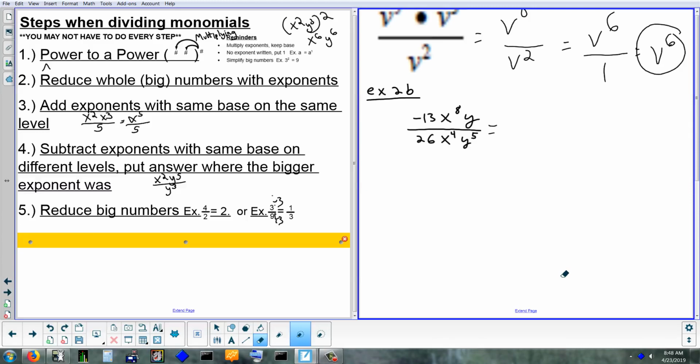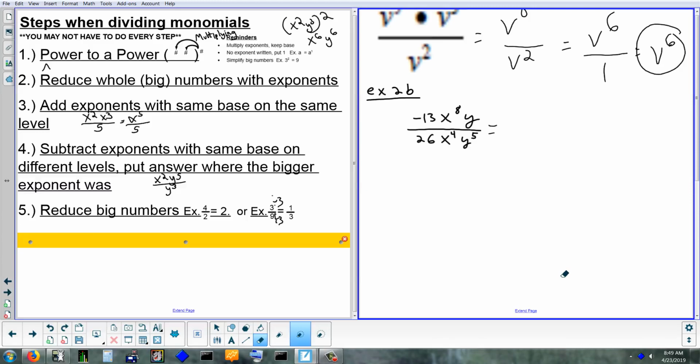I have some whole numbers, but is the exponent bigger than 1? No. So I'm not doing step 2. Add exponents with the same base on the same level. Do I have that? Nicole, I don't? No. I got an x and a y on the top, and I got an x and a y on the bottom. I can't do anything with that.